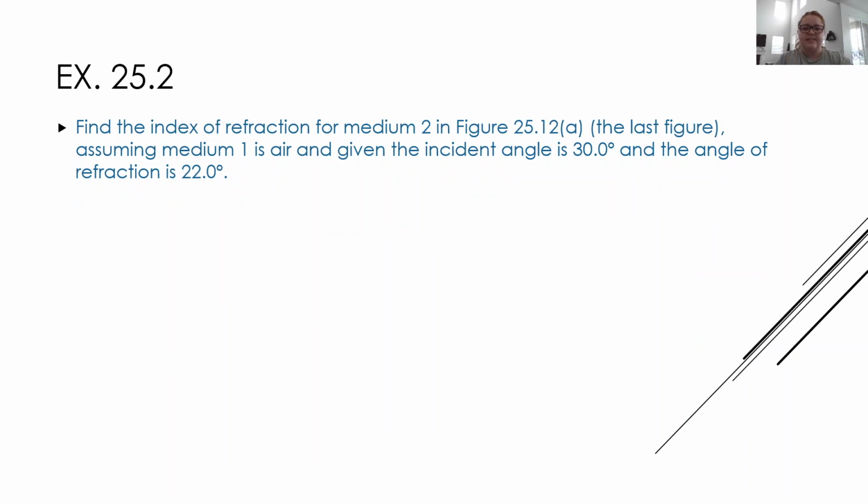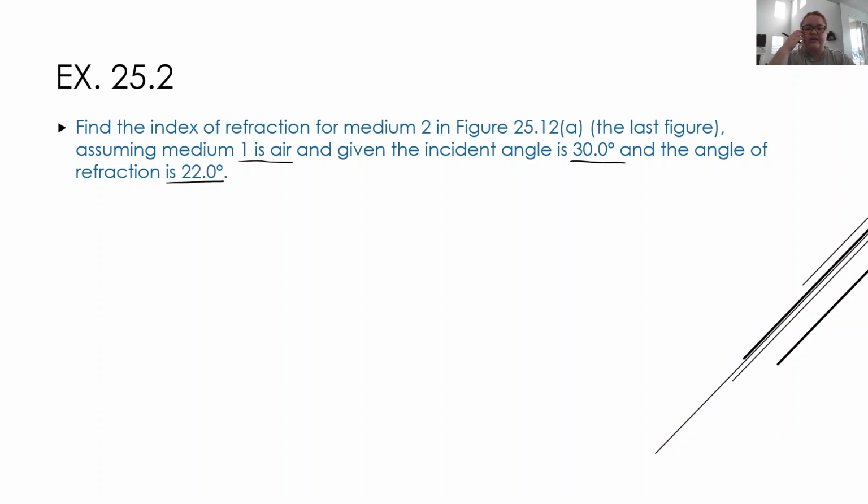So let's look at an example. Find the index of refraction for medium 2, assuming medium 1 is air and the incident angle is 30 degrees. The angle of refraction is 22 degrees. Let's draw this first.